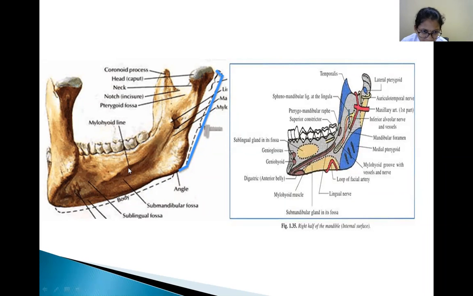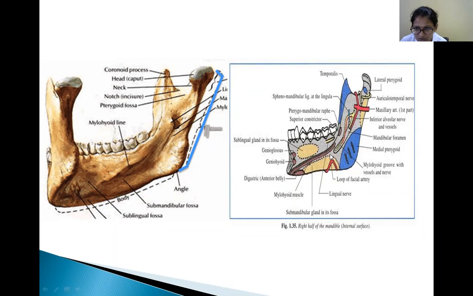Above the mylohyoid line, there is a fossa. Anterior part of the mylohyoid line, above that, there is a fossa called the sublingual fossa. In this sublingual fossa, the sublingual gland is present.